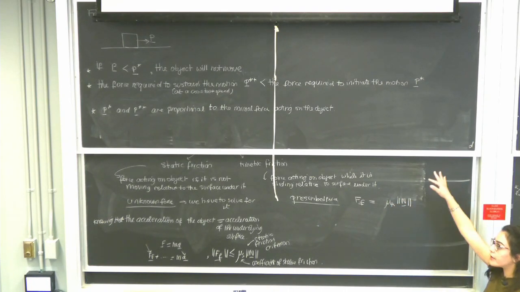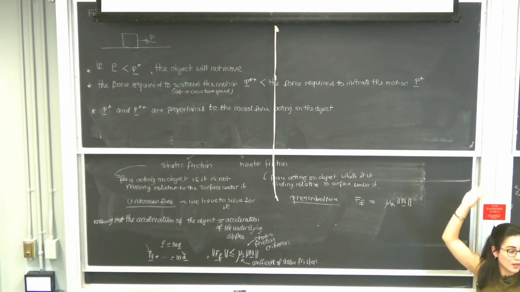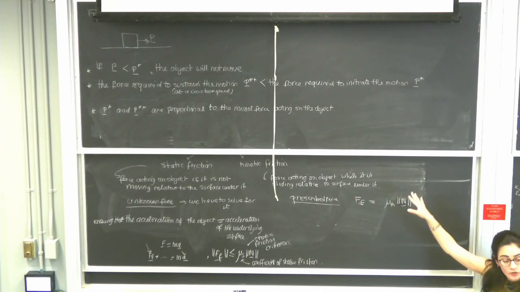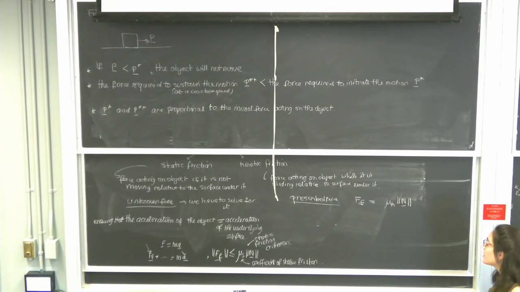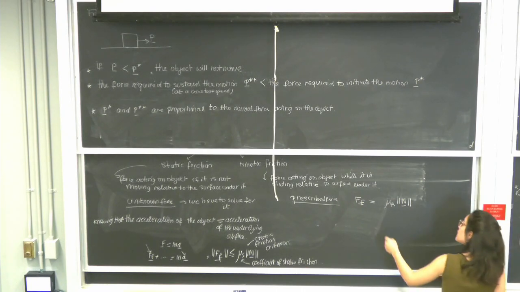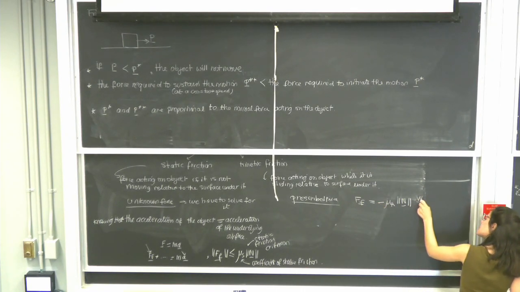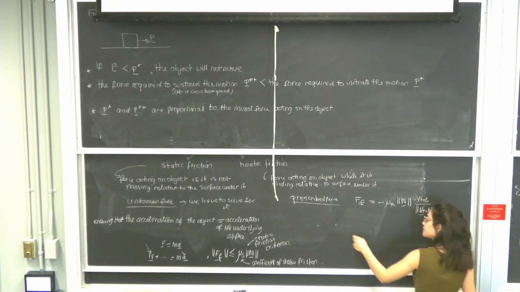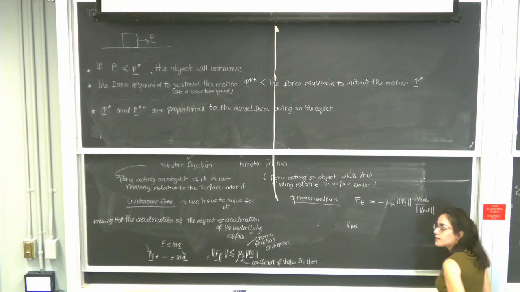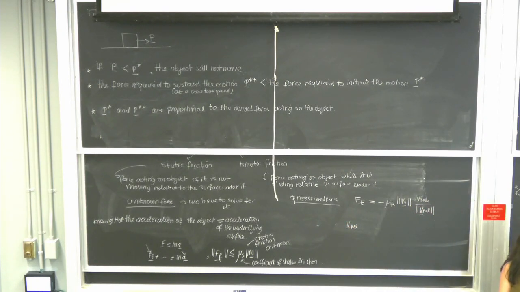Again, using our observations from before, the force needed to sustain the motion is also proportional to the normal force. So the friction force is proportional to the normal force, and its direction is opposite to the slip speed, V rel, where V rel is the relative velocity between the object and the surface under it.